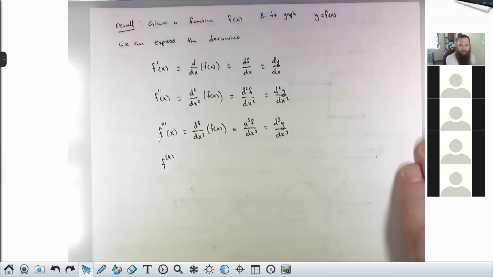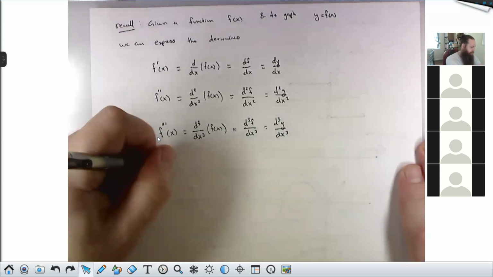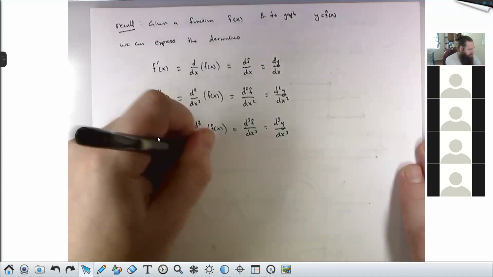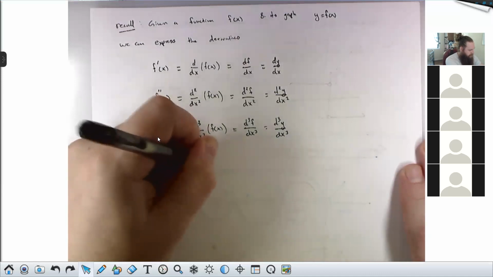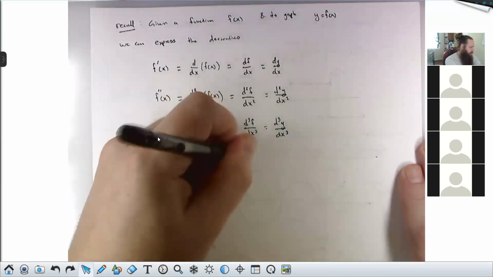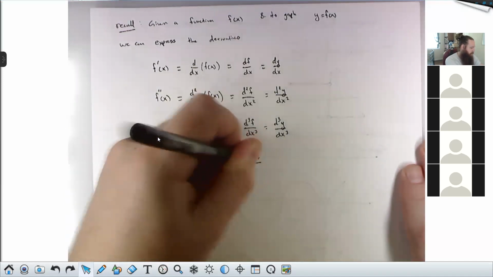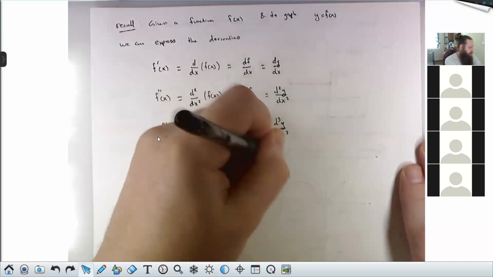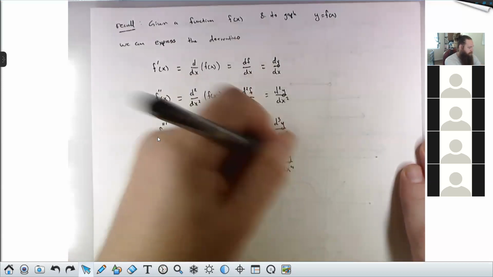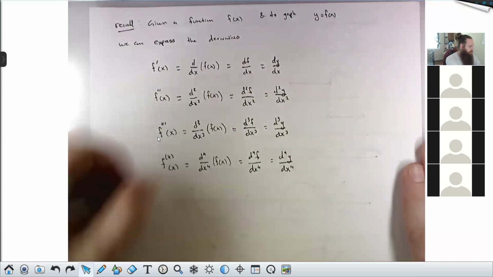We put a little parenthesis 4 up there. And this would represent the fourth derivative, d to the 4 over dx to the 4 of f, or d to the 4 f over dx to the 4, d to the 4 y over dx to the 4, and so on.